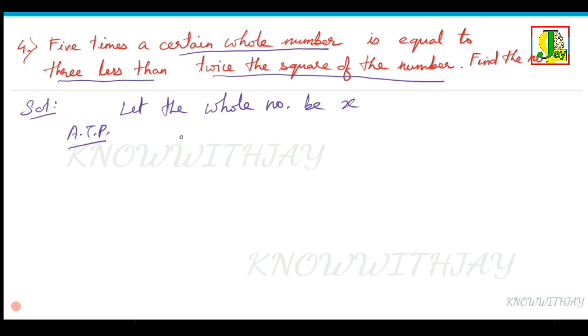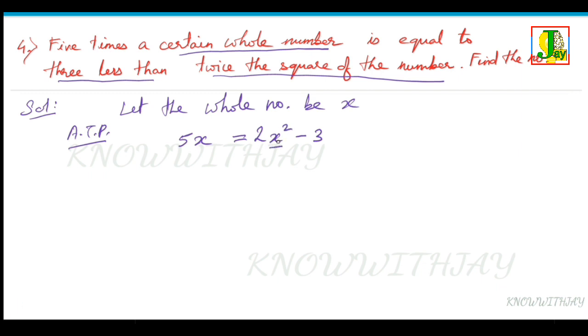Okay, so according to the given condition, we have 5 times the whole number, that means 5x is equal to 3 less than twice the square of the number. So it is 3 less, so minus 3, from which number is it getting deducted? Twice the square of the number, so 2 times the square of the number.